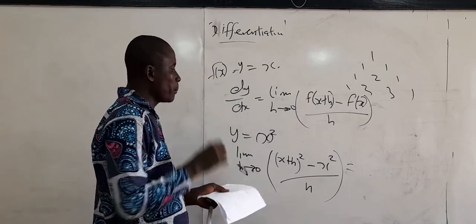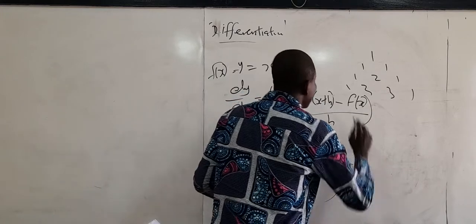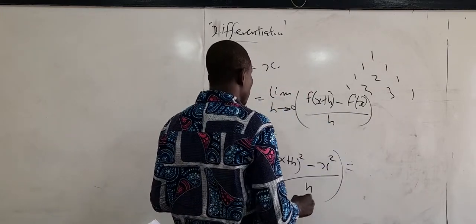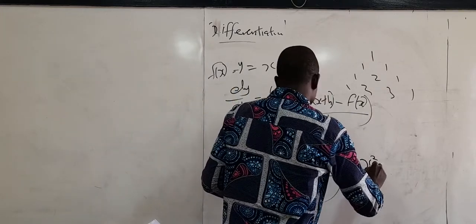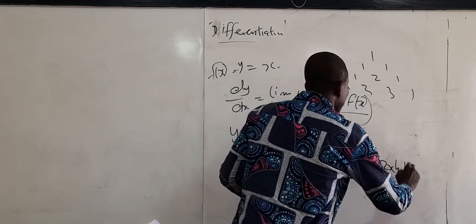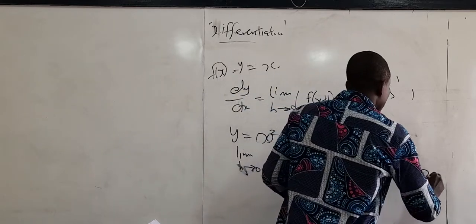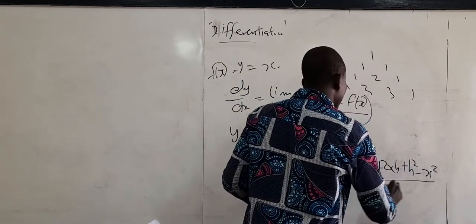As I told you, per our expansion, when you expand this by the Pascal triangle, we are going to have x squared plus 2xh, you can try it and see, then plus h squared, then minus the original x squared, all over h.